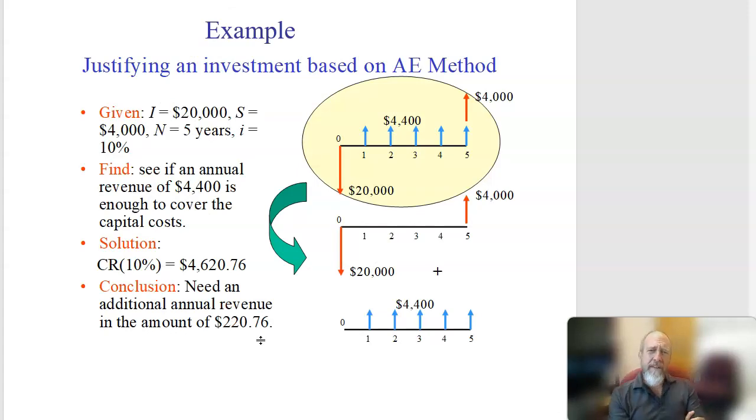Now, how do we justify investments with this? Well, let's just take an example. In this case, it doesn't matter if it's a car, doesn't matter if it's not a car. We have an initial cost of $20,000, a salvage value of $4,000 over 5 years at 10%. Now, what is the cost of that?